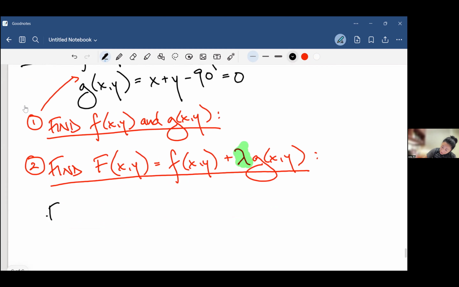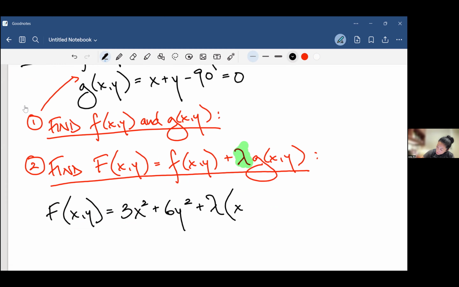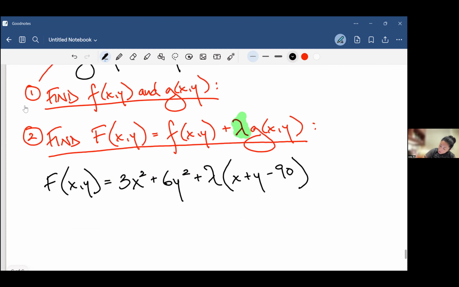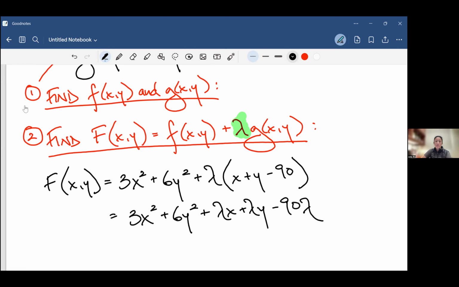So what do we get? We get F of x, y equals 3x squared plus 6y squared plus lambda times x plus y minus 90. It's usually good practice to distribute out that lambda, so we get lambda x plus lambda y minus 90 lambda.